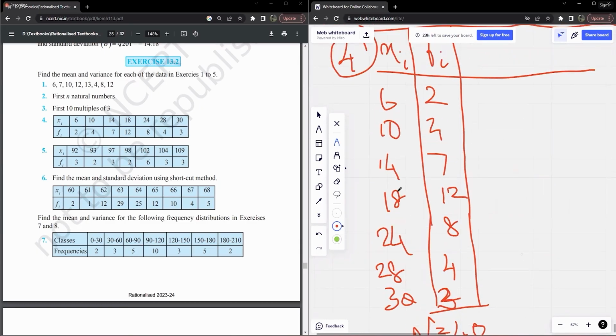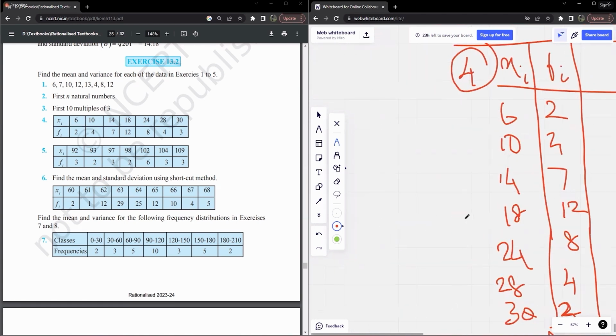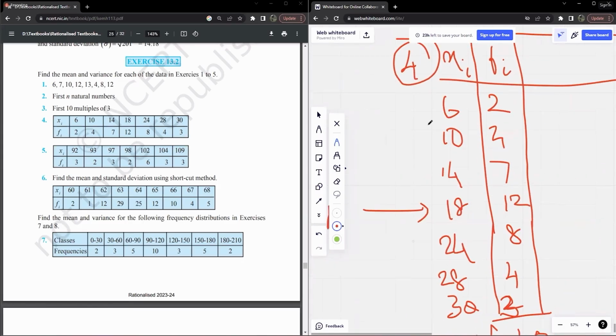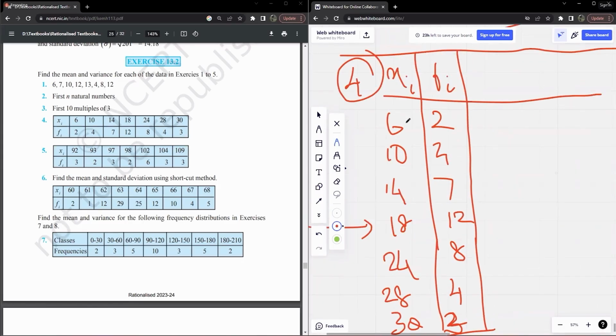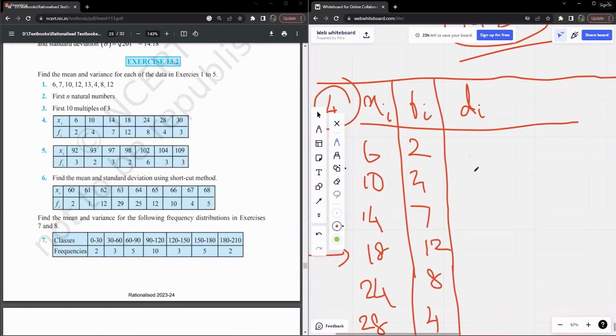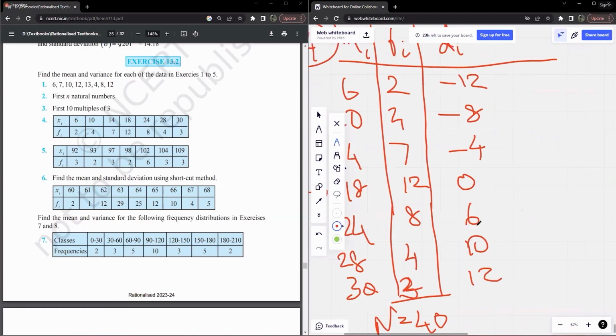We'll do this by the step deviation method itself, right? Again, the central value is basically this. Let this be the assumed mean A. Alright. So we have di being xi minus A, which is minus 12, minus 8, minus 4, 0, 6, 10, and 12. Right.